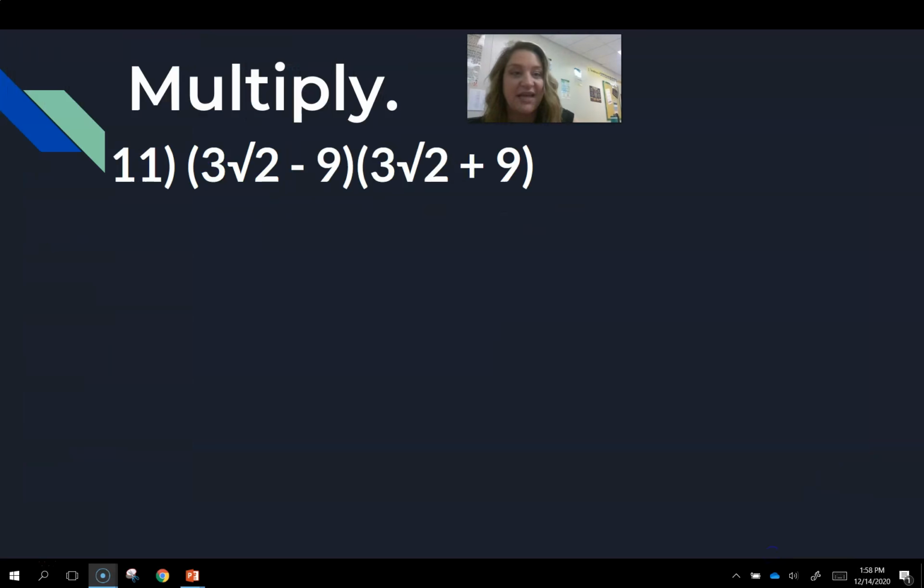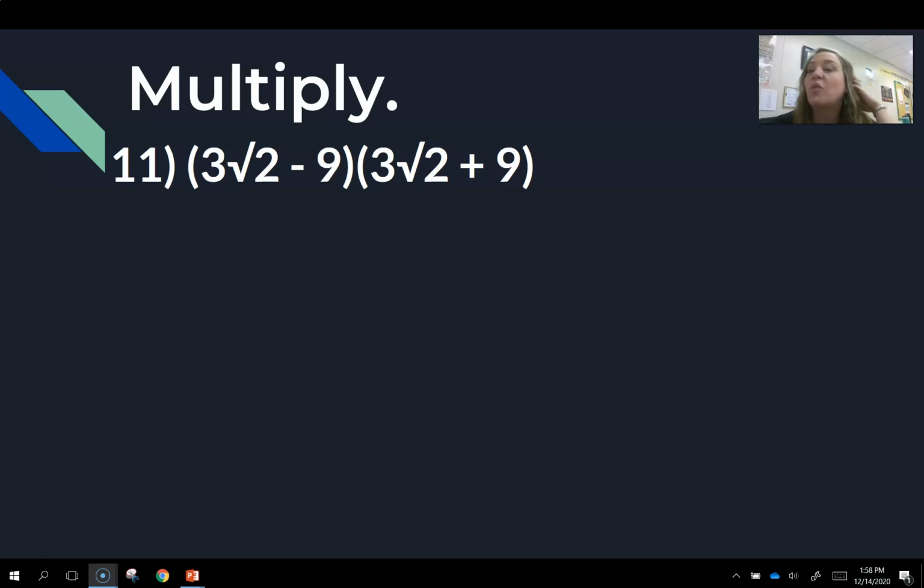There are some special cases with multiplying. If you notice here, 3 times the square root of 2 minus 9 and 3 times the square root of 2 plus 9. They're almost the same thing, but one's positive, one's negative. If you go back to our complex numbers way back at the beginning of the school year, August, September, we had complex conjugates, and we used that to get rid of our i's in the denominator.